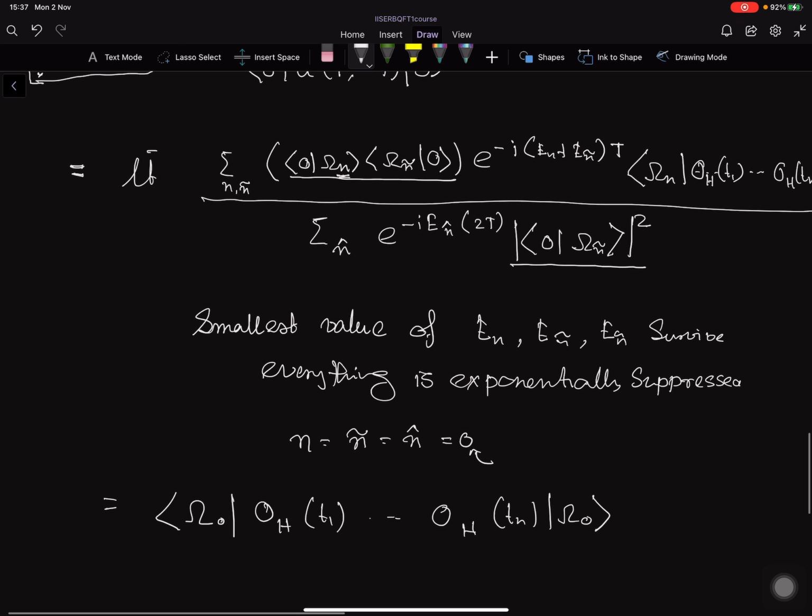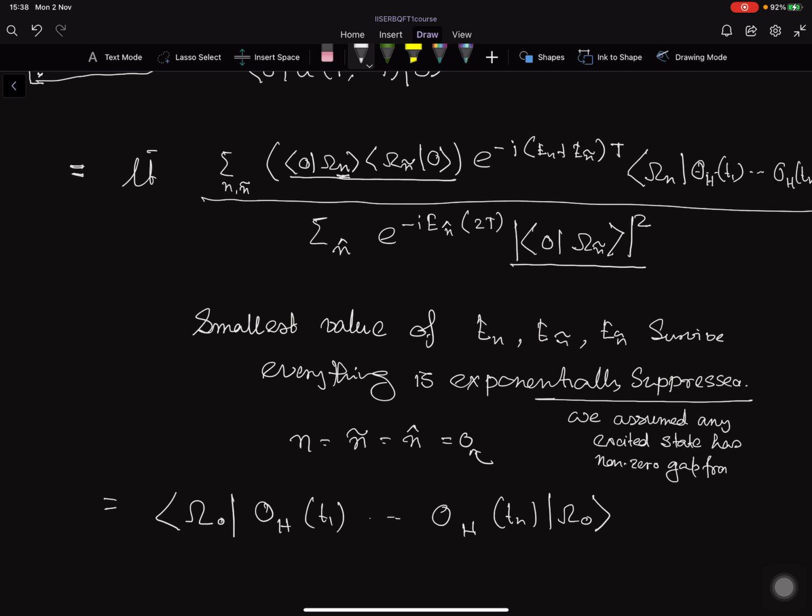Sorry, when we say that it is exponentially small and suppressed, we assumed that any excited state has a non-zero gap from the vacuum. This is where this assumption goes in, and under this assumption you can show these things.